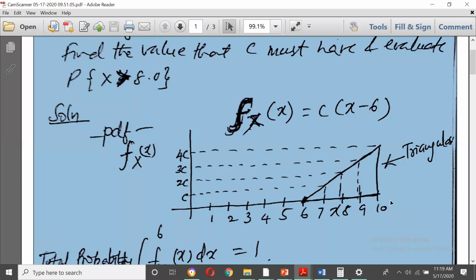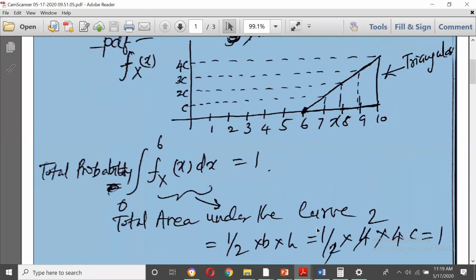Half into base multiplied by height 1 plus height 2, either way. So height here is 2c, height here is 4c. So add that, that will become 6c.